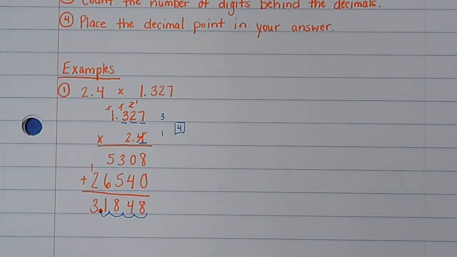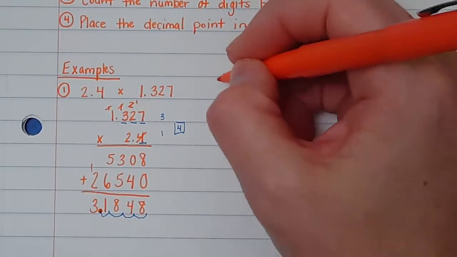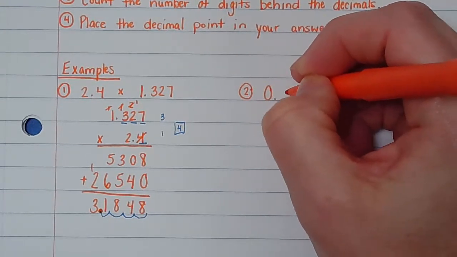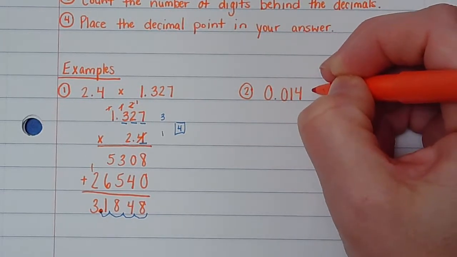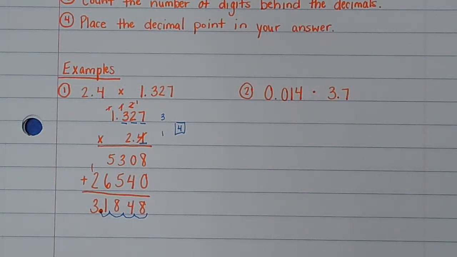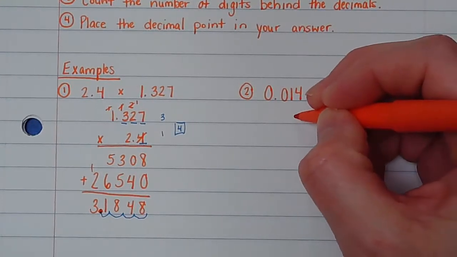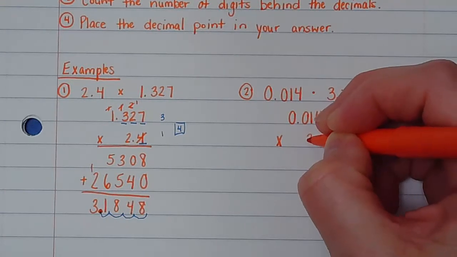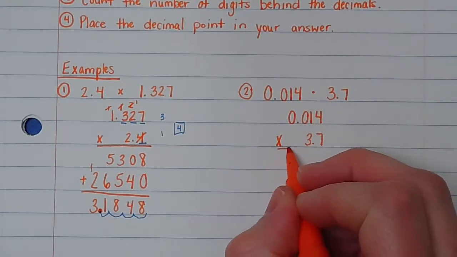Okay. All right. Let's look at another one. Let's do 0.014 times 3.7. All right. So now we need to line up the one that has the most digits on top. Okay.